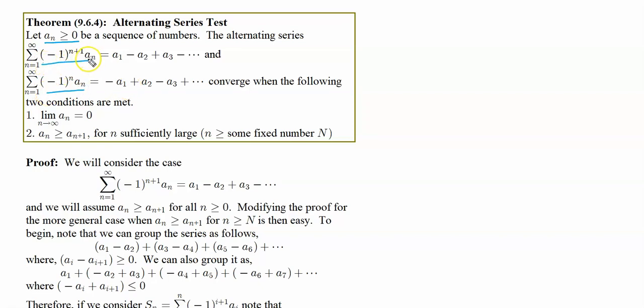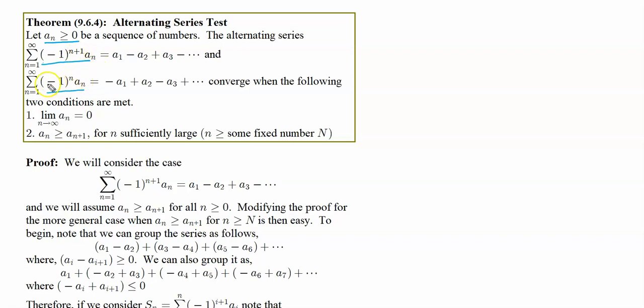So with this series right here, you notice we have (-1)^(n+1) times a_n, and we go from 1 to infinity. So that's going to create the pattern a1 minus a2 plus a3 minus a4, and so on. The (-1)^(n+1) is going to be creating that pattern.